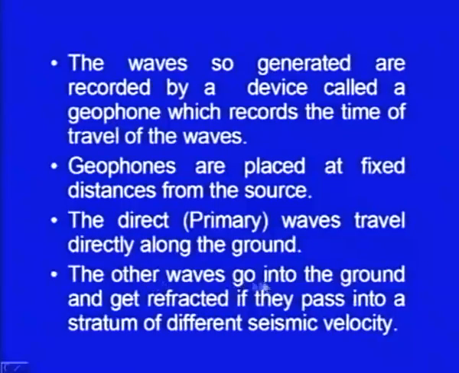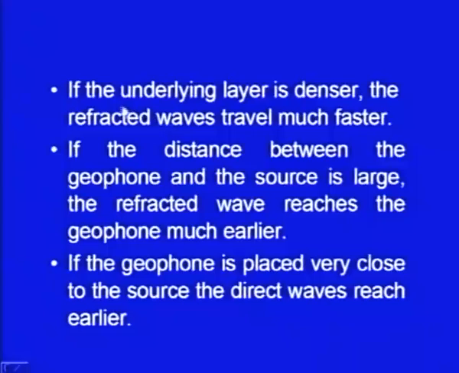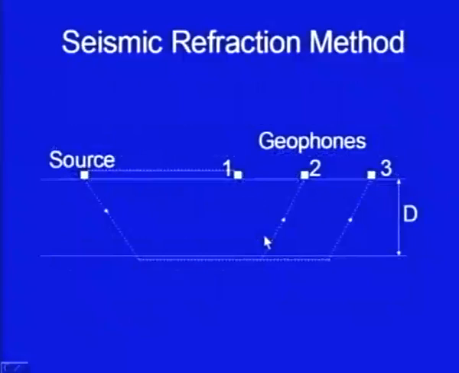So, the other waves go into the ground and get refracted if they pass into a stratum of different seismic velocity. If the underlying layer is denser, the refracted waves travel much faster. So, if the density is high, the velocity will be more. Now, if the distance traveled between the geophone and the source is large, the refracted wave reaches the geophone much earlier. Let me explain it using this particular figure.